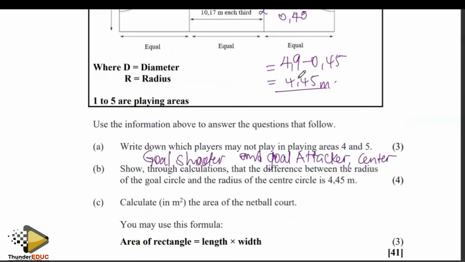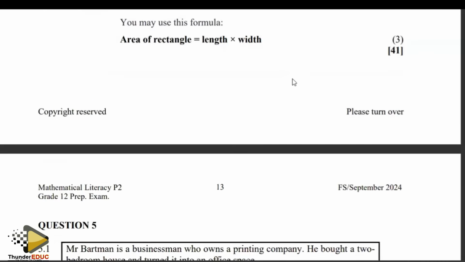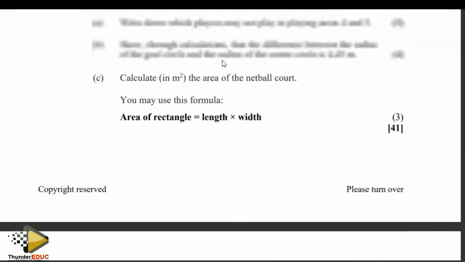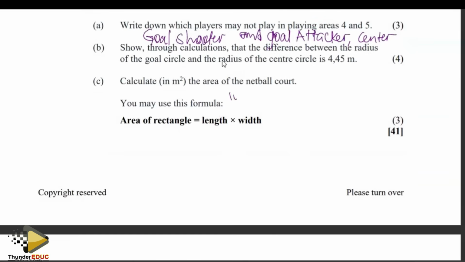So the length now becomes 10,17 times 3, we ended up having 30,51, and this is the length, and the width will equal 15,25.